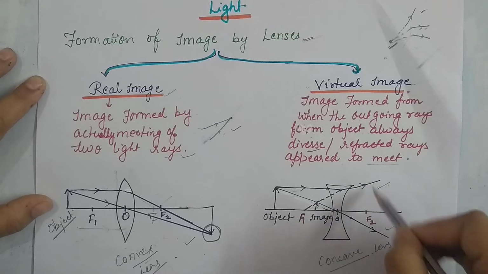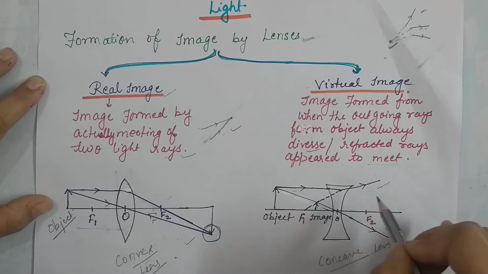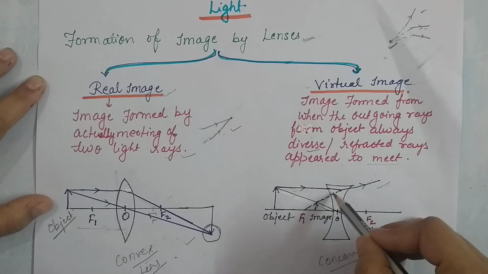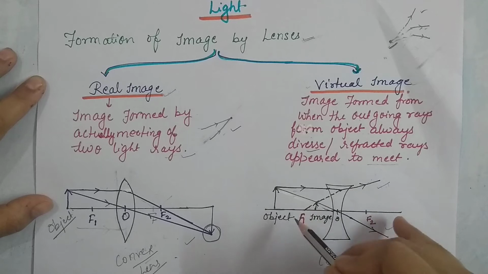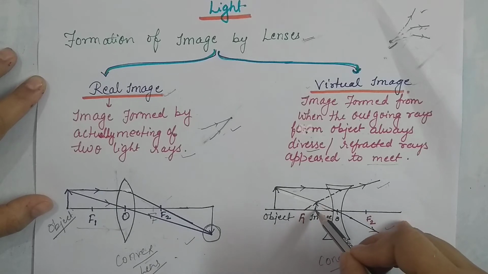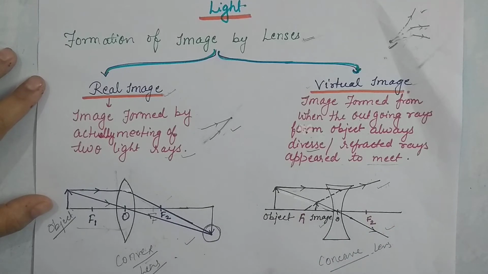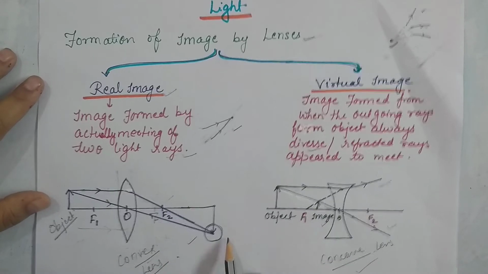After extending them back, the image is formed and appears to meet. So this type of image is the virtual image. Basically, in lenses, the concave lens forms the virtual image and the convex lens forms the real image.